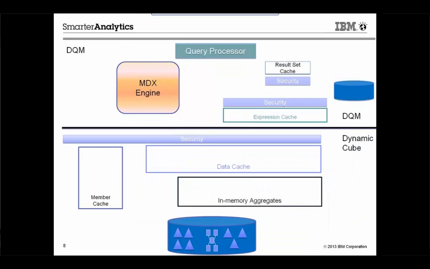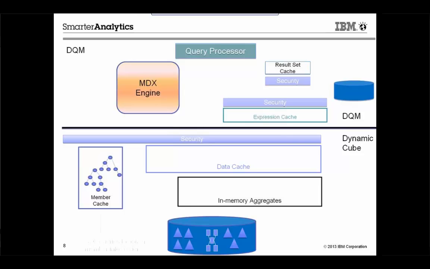This next slide is based off of the last slide, but it goes through a little animation of the cache population when you're starting the cube, as I mentioned earlier, as well as the flow through the engine when you're running an initial query. So you start up your cube. What first happens is the engine issues SQL to obtain the member information and load up the member cache.